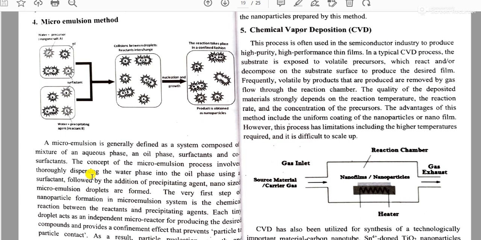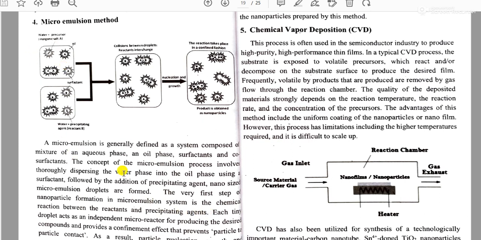So here in this step, we are thoroughly dispersing the aqueous phase into the oil phase along with the surfactant, and also we are adding the precipitating agent and the reactants. So all these are mixed together. The very first step of nanoparticle formation in microemulsion system is the chemical reaction between the reactants and precipitating agents.